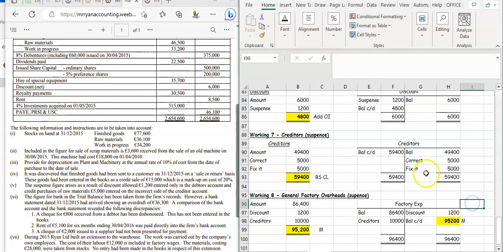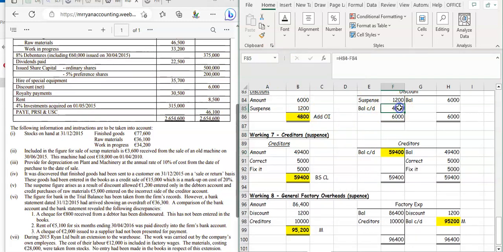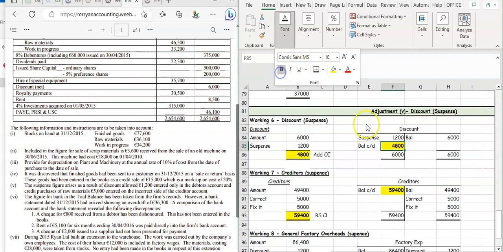And then we have our balance for creditors that goes into your creditors due within 1 year. And then we have our balance for our discount, and that's going to go into your profit and loss account, added onto your operating income.